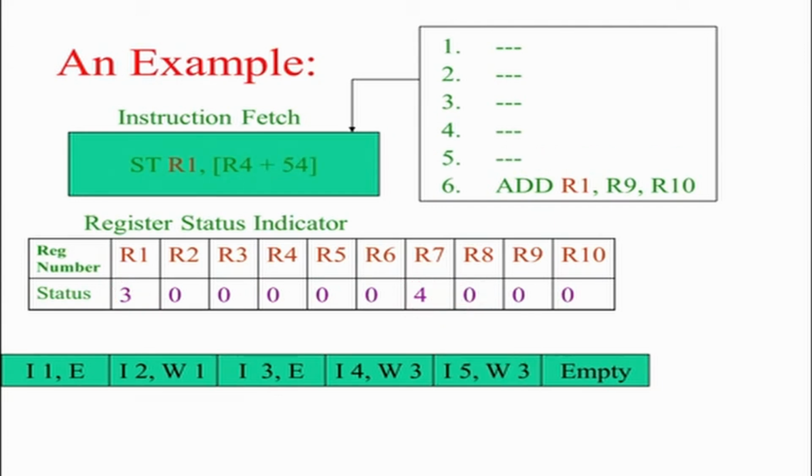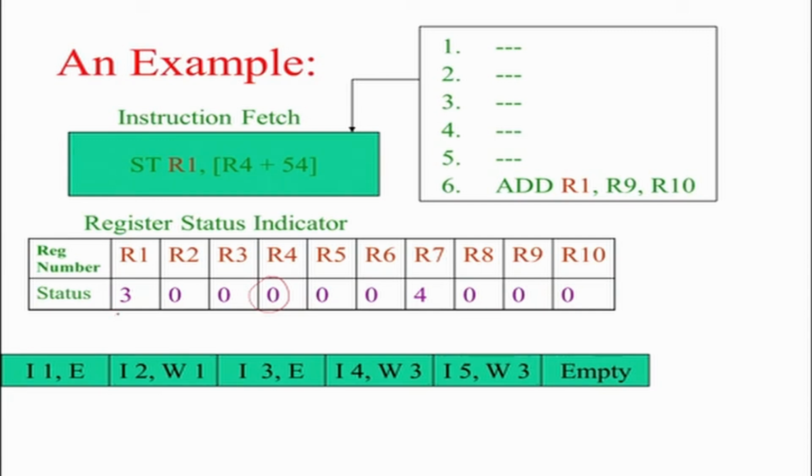Now store R1, R4 plus 54, right. Now I have to read R4 and I have to read R1. R4 is already available because the register status indicator is 0. But R1 is currently being computed by whom?